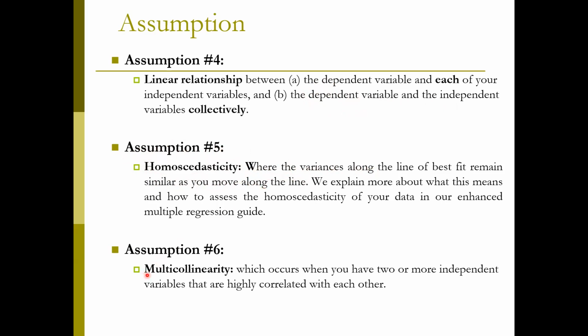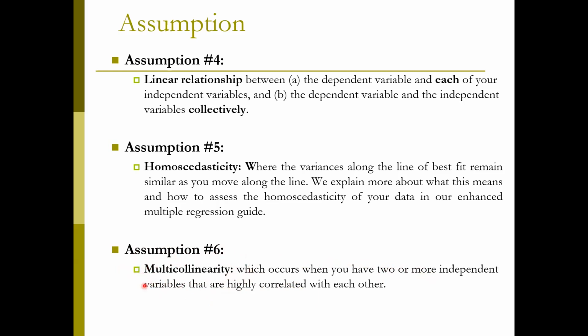Then number six, there must not be multicollinearity. Multicollinearity occurs when two or more independent variables are highly correlated, and multicollinearity will usually exist if you are doing what we call the multiple regression.